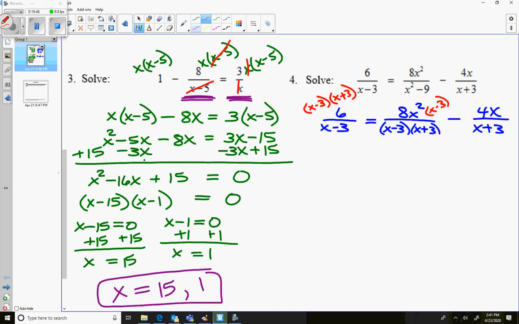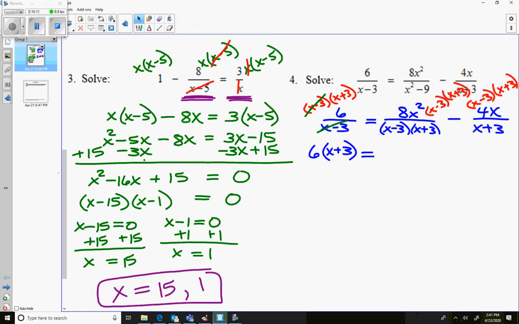X minus 3 and an x plus 3. Running out of room trying to squeeze that in. First term, x minus 3's cancel, so I'm left with the 6 times the x plus 3 equals.